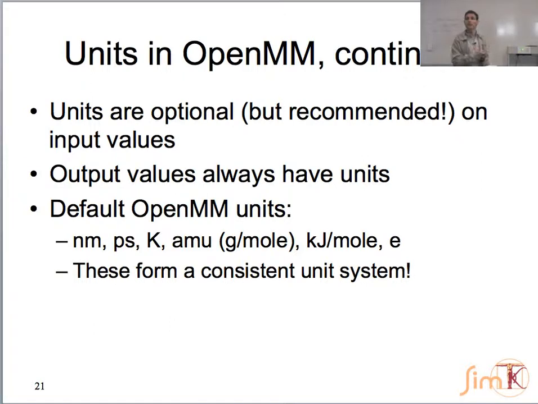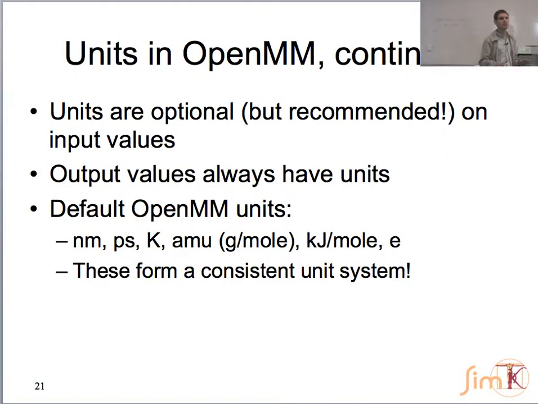Also, output values that it returns to you will always have units on them. So when you query, what is the length of that bond? It will be a quantity, it will have units attached, and therefore, if you want that value in a particular unit, you can just say value_in_unit or in_units_of, and it will give it to you in whatever units you want. That is the Python API.